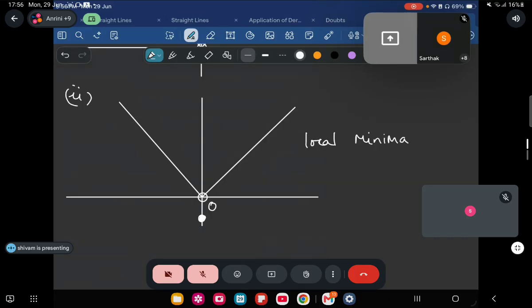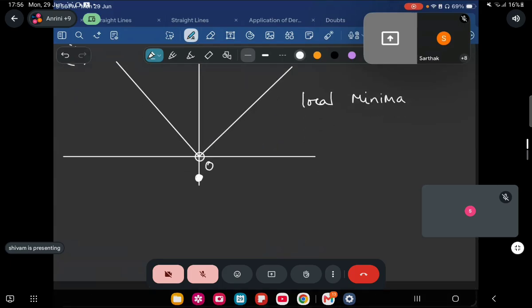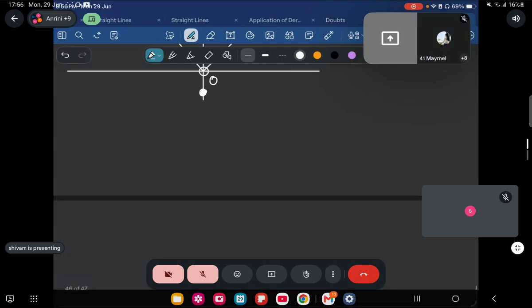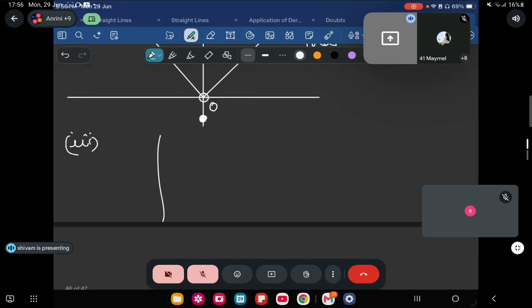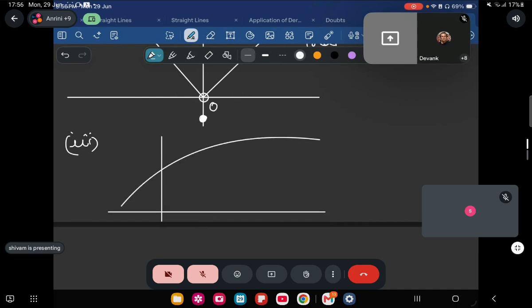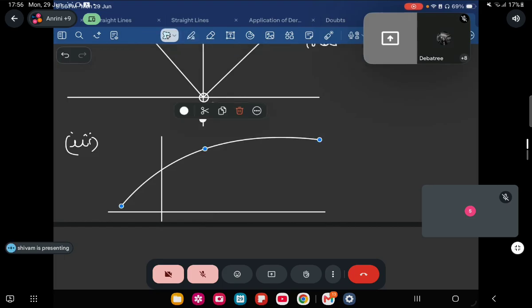No, sir, I am also thinking local minima only. So you have to speak up. And Devatri, you understood everything? Devatri, Devang, tell me if you all understood. Yes, sir.